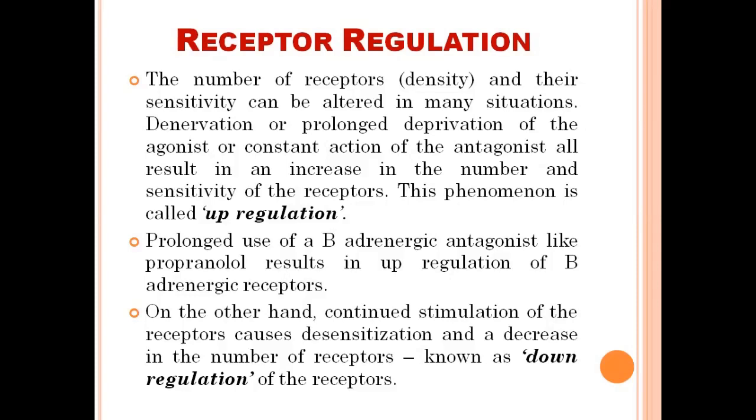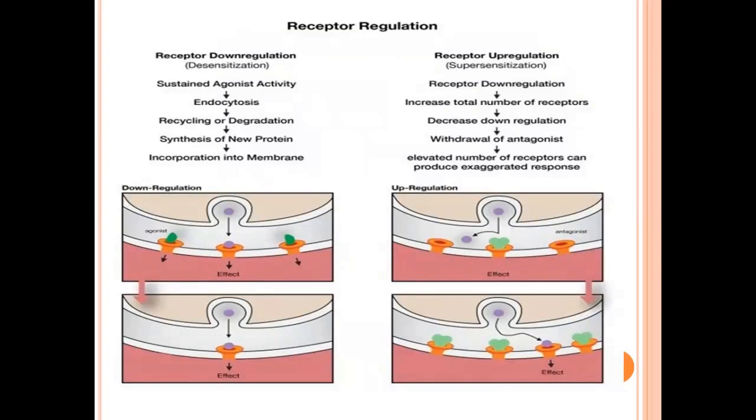Here in the image you can see that in receptor downregulation, because of the desensitization, there is sustained agonist activity, endocytosis, recycling or degradation, then the synthesis of new proteins, and it gets incorporated into the membrane.